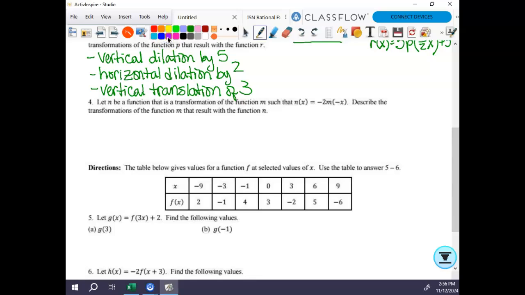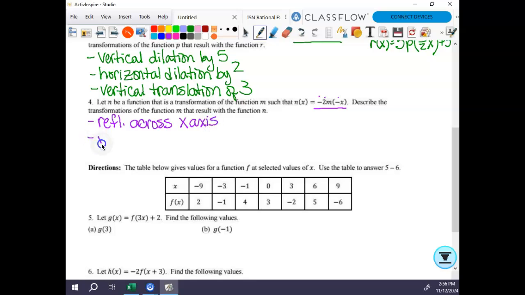All right. Then we have this one here. Looks like I have 3. I have a reflection, a dilation, and another reflection. So that first negative is going to be a reflection across the x-axis.